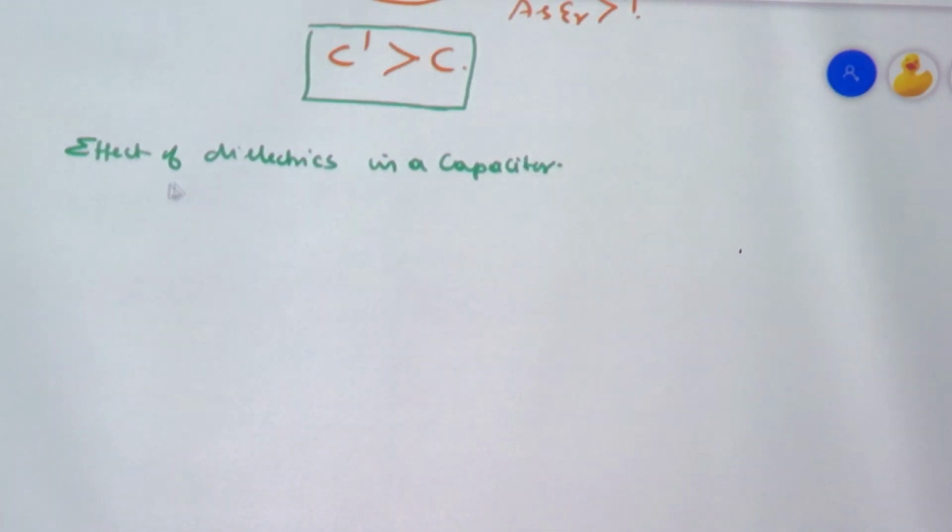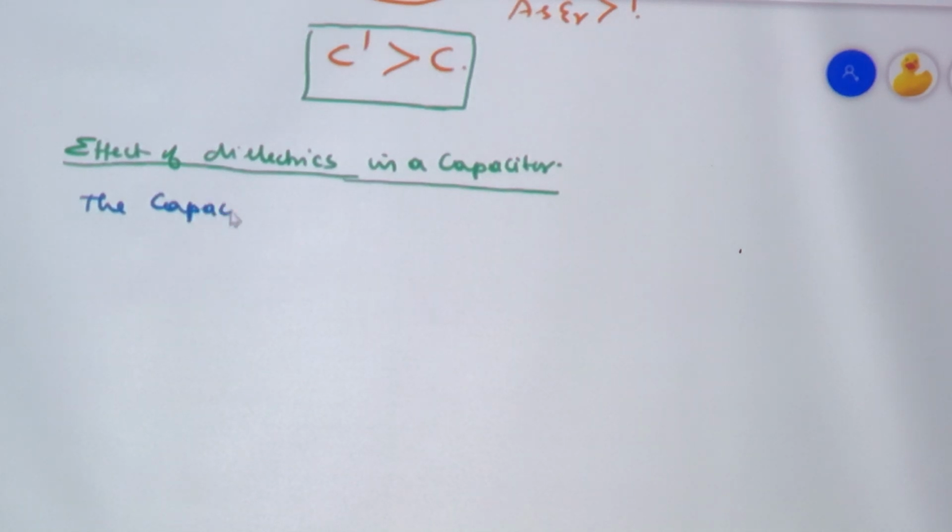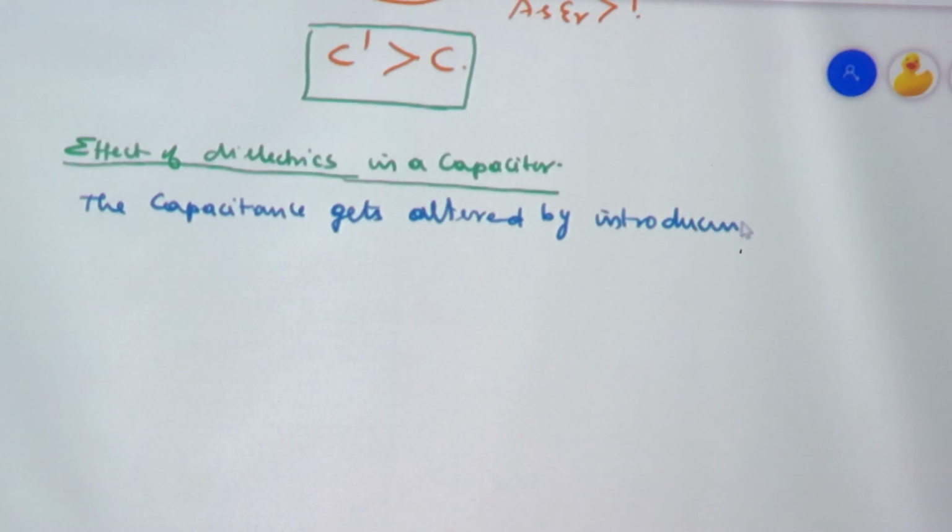In general, after introducing the dielectric in a capacitor, the capacitance gets altered. I can say the capacitance of the capacitor gets changed or altered by introducing a dielectric in between the plates.